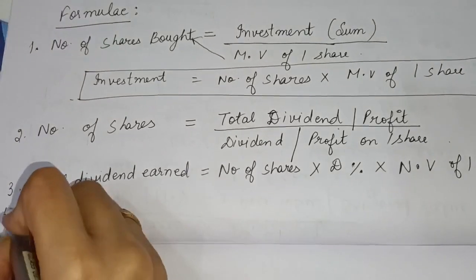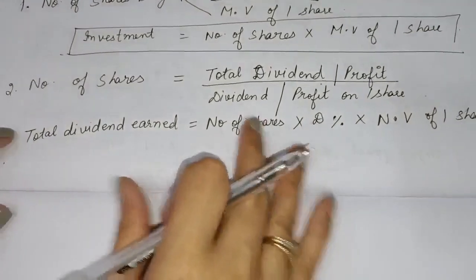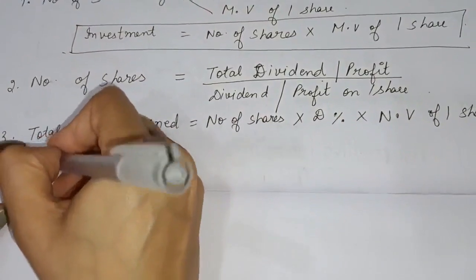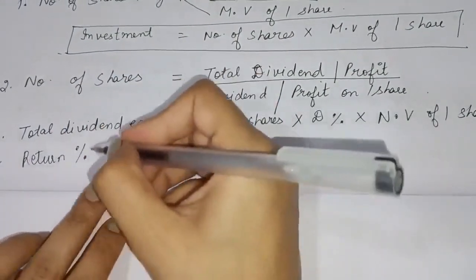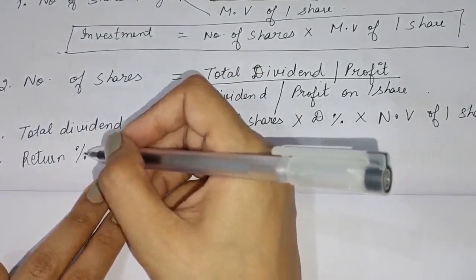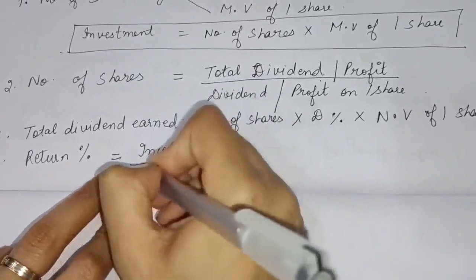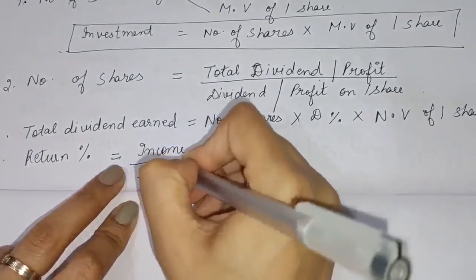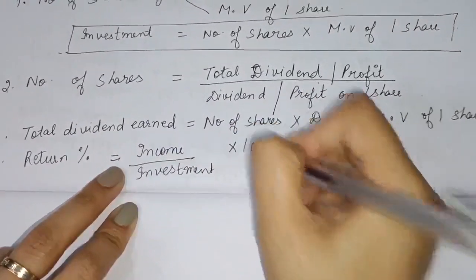The fourth formula which we are going to use is return percentage, which means percentage of profit. That is equal to income by investment into 100.